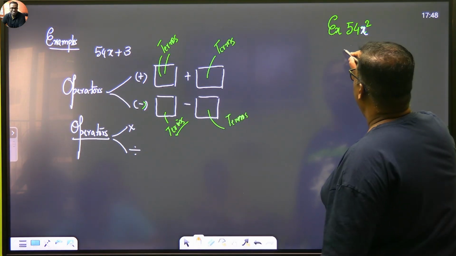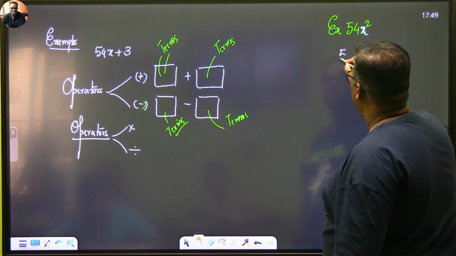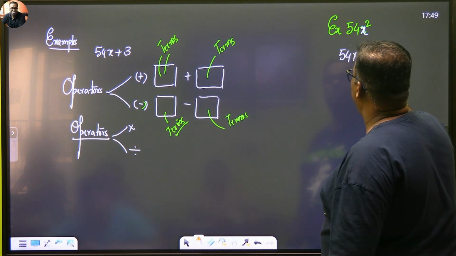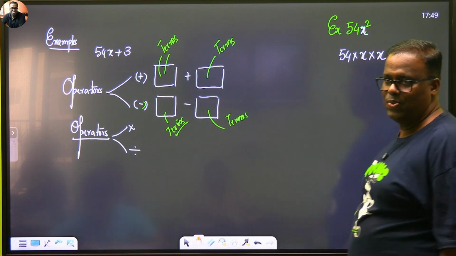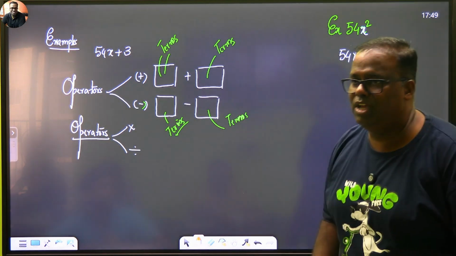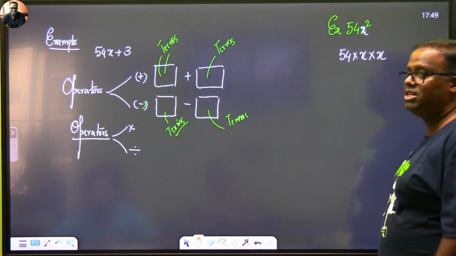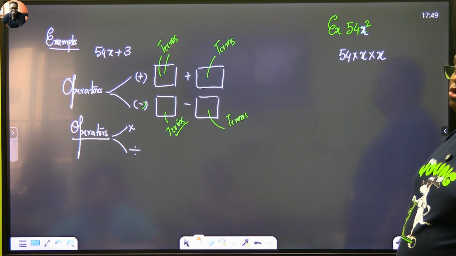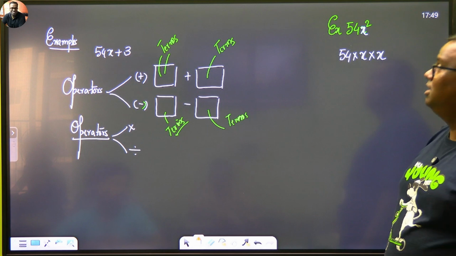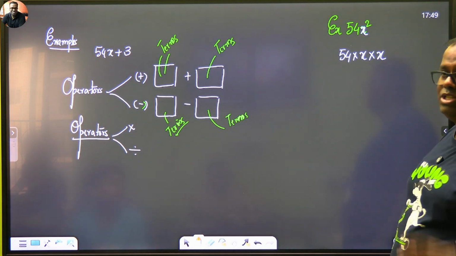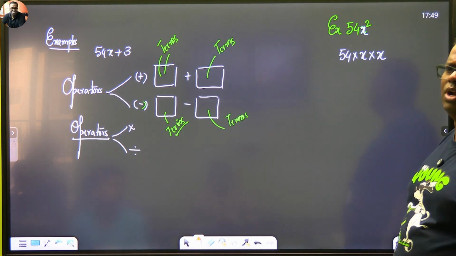Yes. This was actually born when 54 was multiplied with x and with another x. So one thing is very evident. Multiplications and divisions do not create more than 1 term. Right? Multiplications and divisions actually bring everything into 1 term.